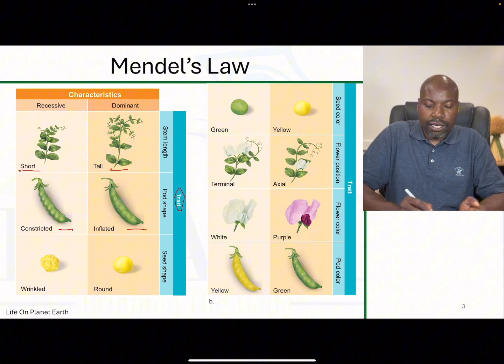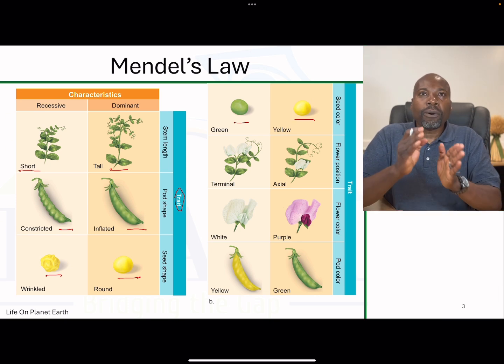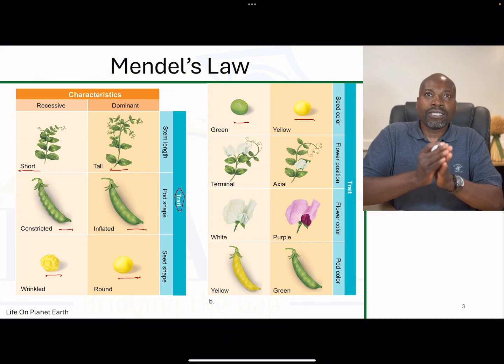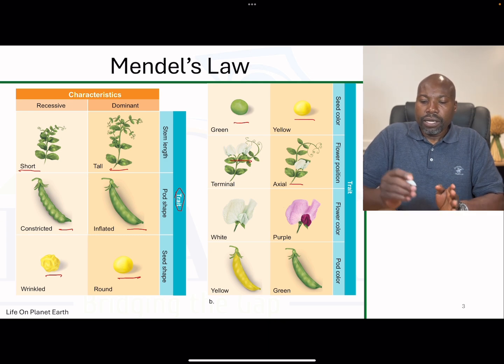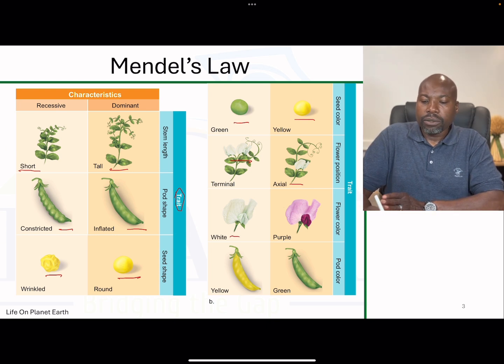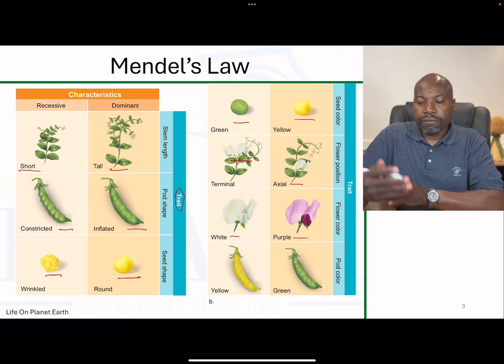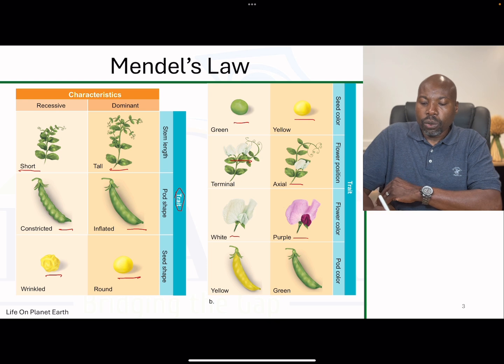So some seeds were wrinkled, others were round, some were green, others were yellow. He looked at the position of the flower on the stem. Were they axial or terminal? Also, the color of the flowers, were they white or purple? And finally, he looked at the color of the pods, were they yellow or green?